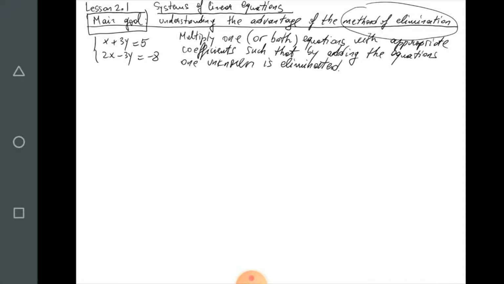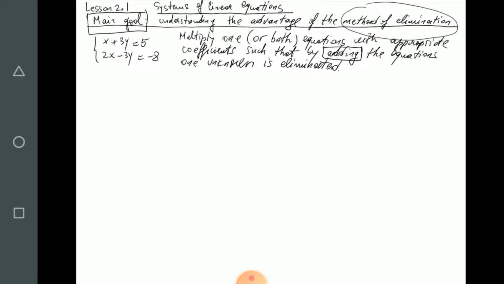And notice I mentioned this time by adding, and there's a subtle reason for that, because sometimes you will say, well, we have x plus in both equations, so why don't we subtract the two? And then that means you will eliminate x. And that is correct, but because we will build an algorithm, and algorithms are efficient if we have very clearly defined steps, I want you to think in terms of adding the two.